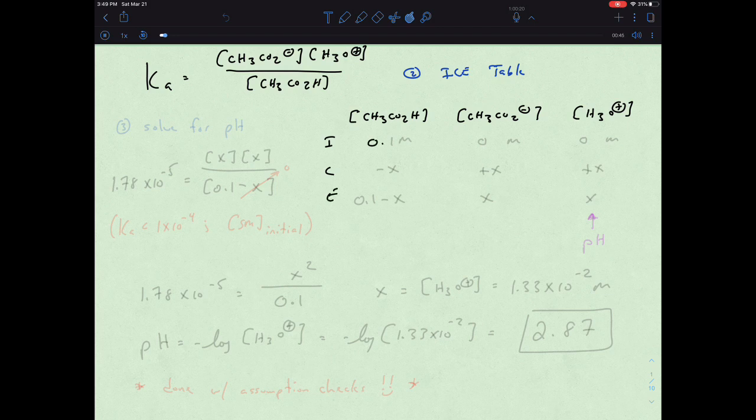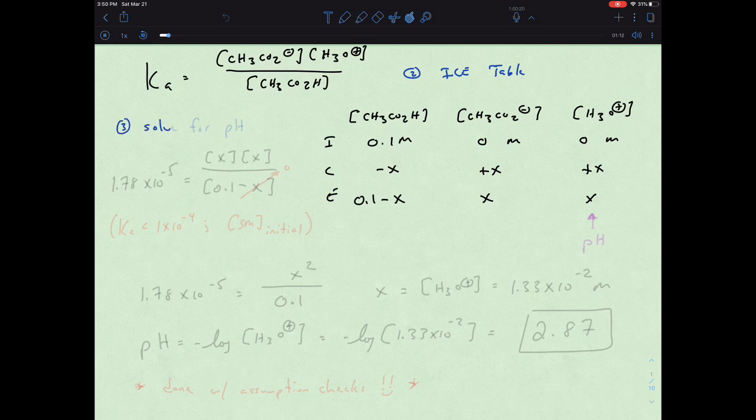And so we start with our 0.1 molar acetic acid. We have none of our products. Negative change for our starting materials. Positive change for our products. And we end up with that for our ice table.